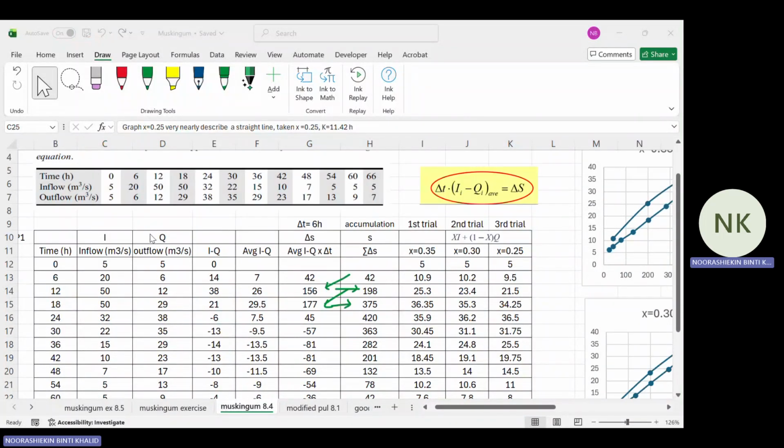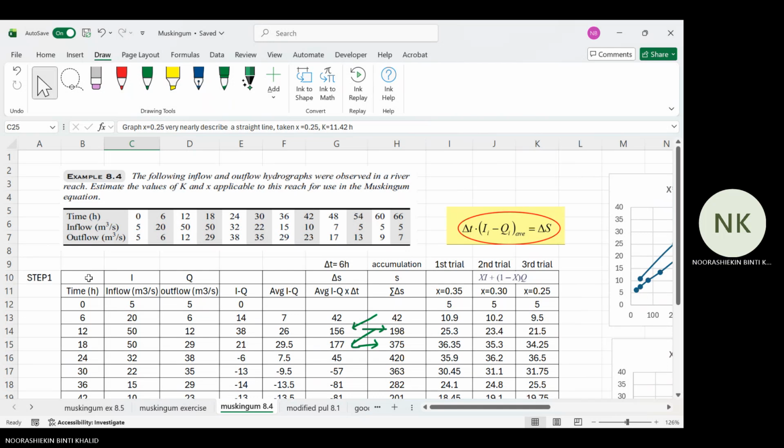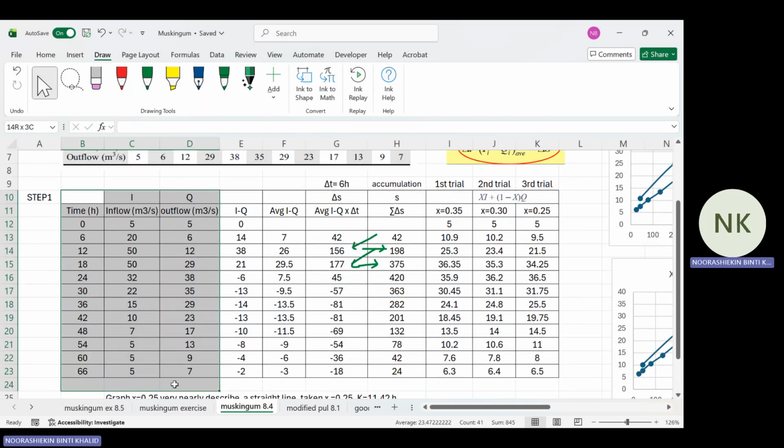First step, you are required to copy this table.